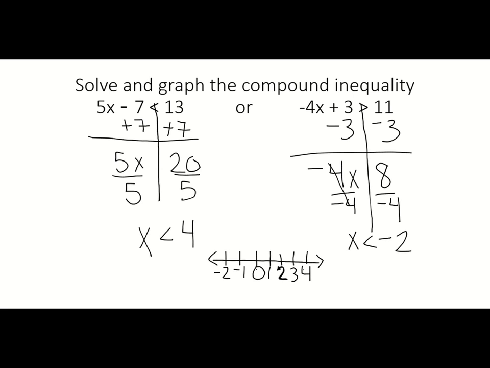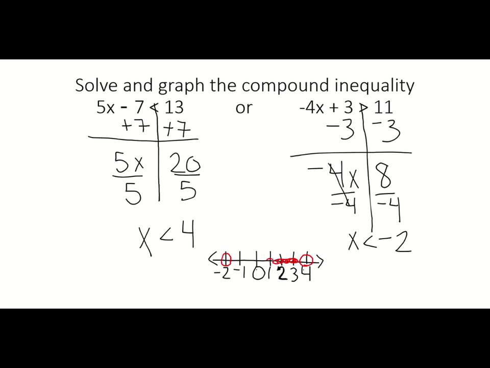When I graph my solutions on the number line, I have x is less than 4 and x is less than negative 2. At 4, I'm going to put an open circle and shade to the left. I usually just shade a little bit until I see how my complete graph is going to look. Then I also have x is less than negative 2, so that would be an open circle at negative 2, shaded to the left as well.